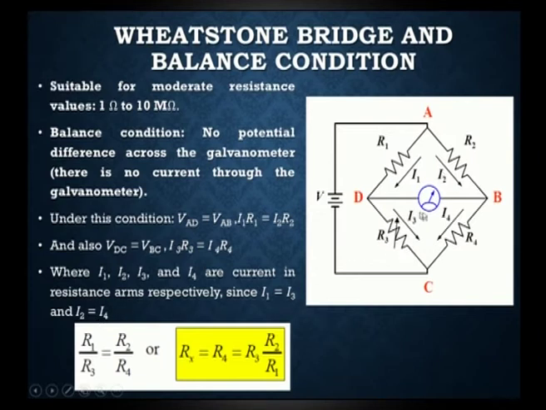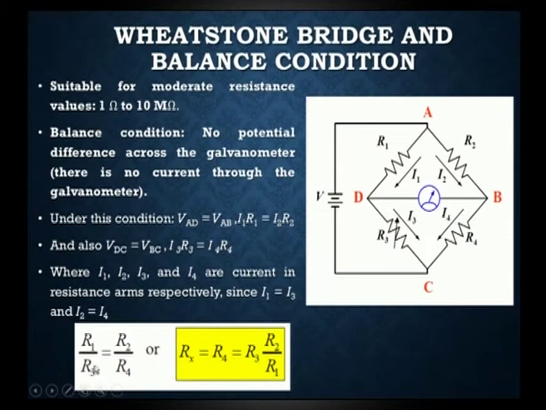If this is open, the same current flowing through R2 flows across R4. Now we can arrange the resistance values like this: R1 divided by R3 is equal to R2 divided by R4. So, this gives the relationship between the 4 resistances connected in a Wheatstone bridge.